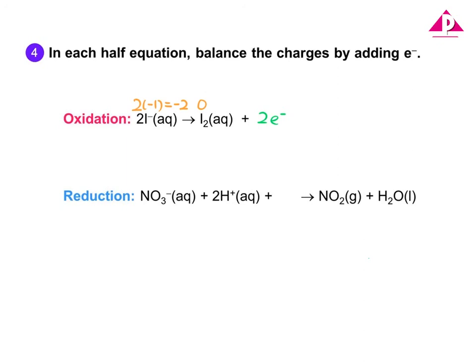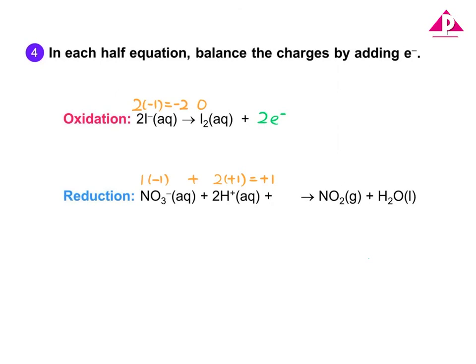For the reduction half equation, there are 1 nitrate ion and 2 hydrogen ions on the left-hand side. As the charge of a nitrate ion is -1 and that of a hydrogen ion is +1, the total charge on the left-hand side is +1.